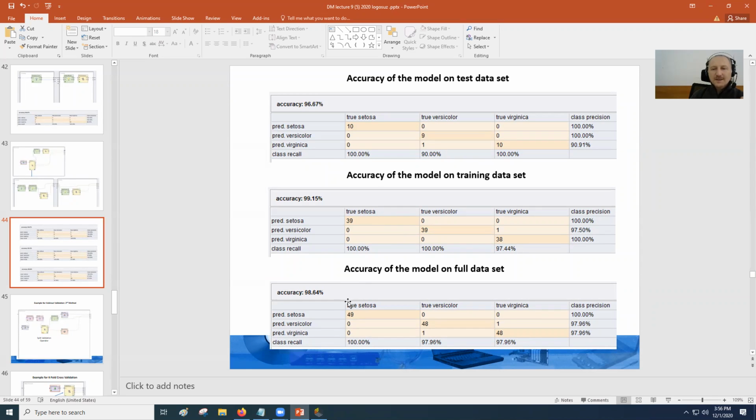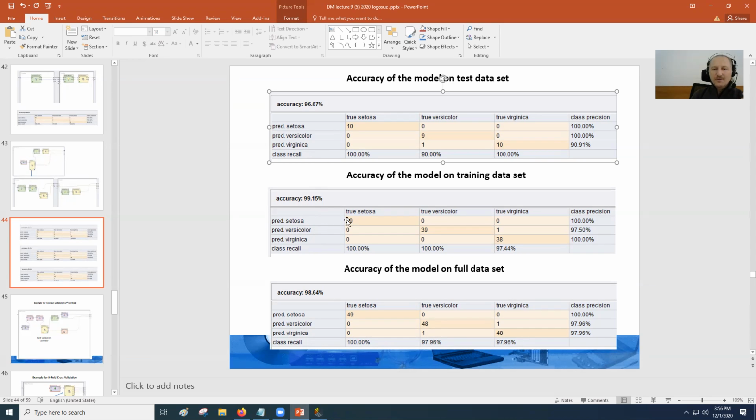Also in the full data set, there is a training part already seen during training, so when you use the full data set to make predictions, it makes more accurate predictions than on the test data. But when you give the test data set, which the training algorithm has never seen before, it gives less accurate results, though quite close to these accuracies.